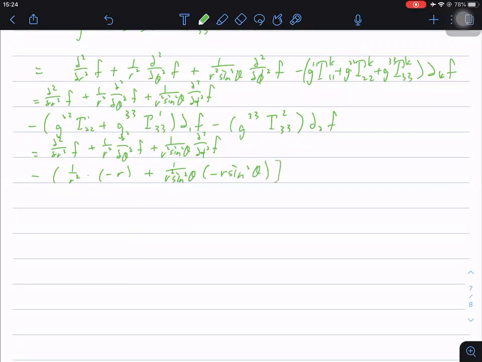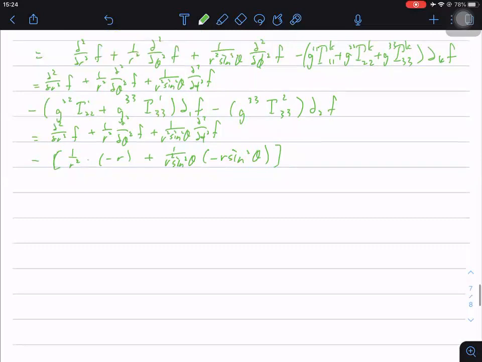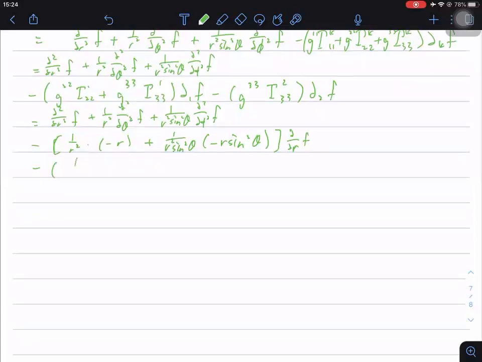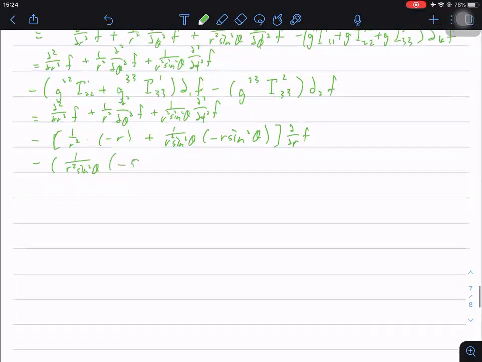So, and then we have partial derivative of f with respect to r. And the final one, G33, we have 1 over r squared sine squared theta. And for this one, I think it should be sine theta minus sine theta cosine theta.